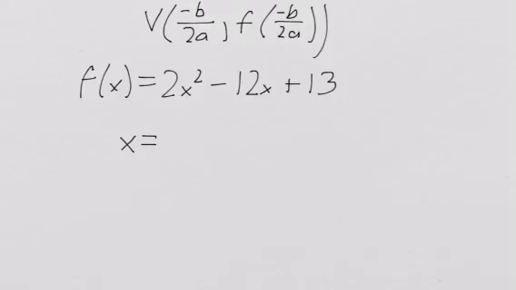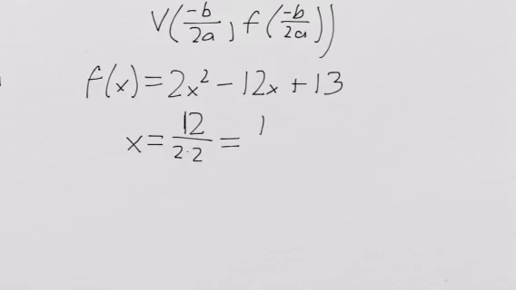It's going to be negative b, our b here is negative 12, so that'll be a positive 12, divided by 2a, so that's 2 times 2, or 12 over 4, which is equal to 3.